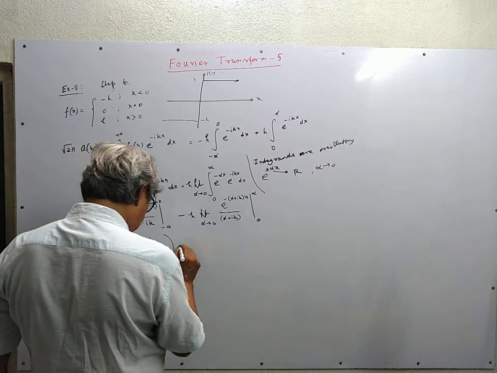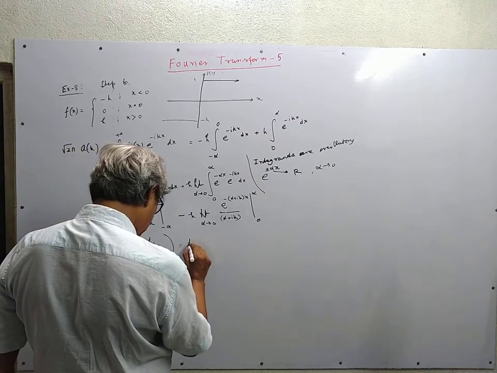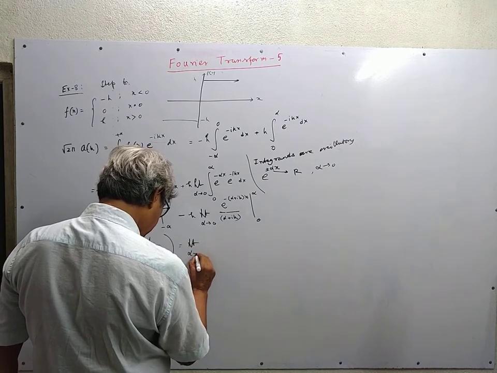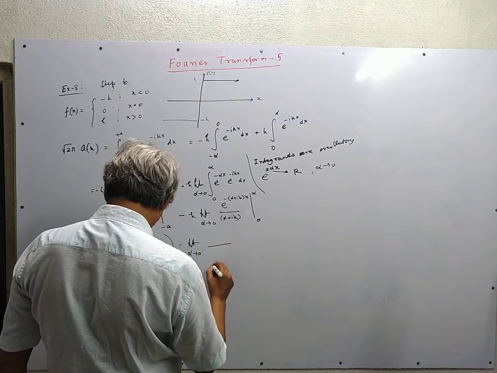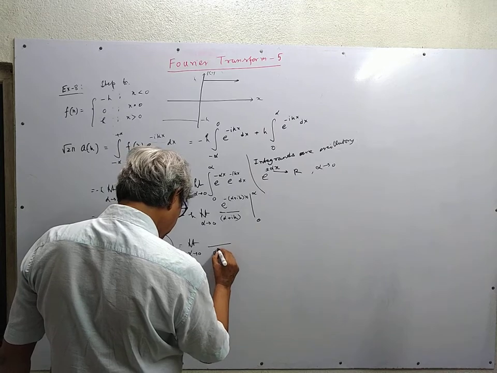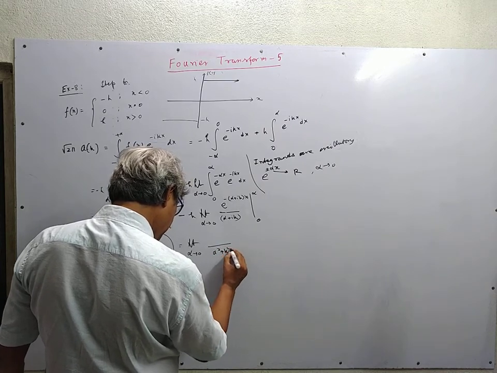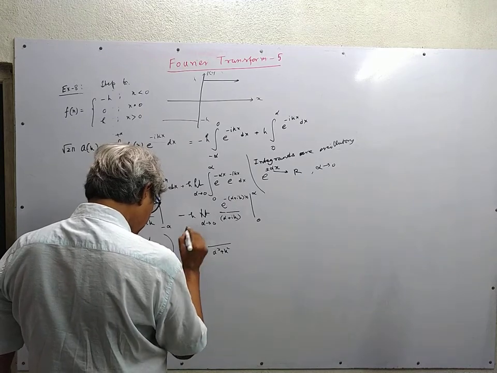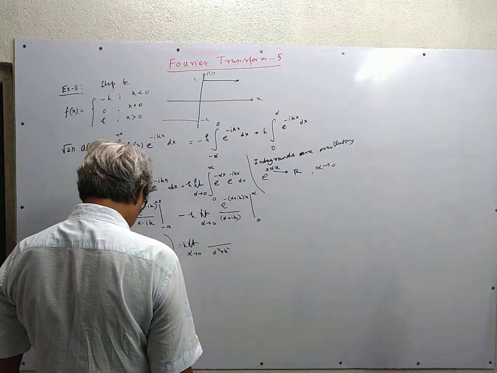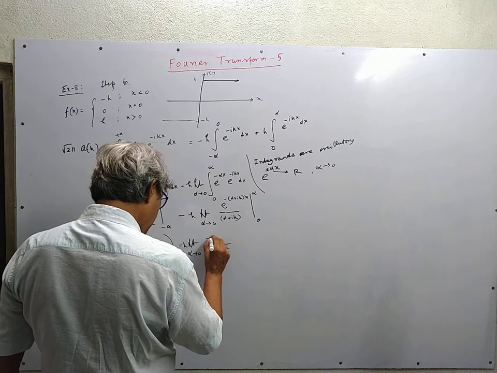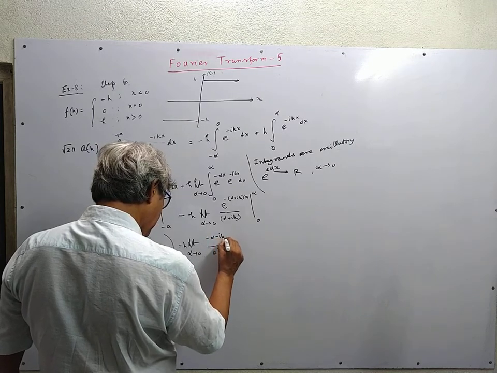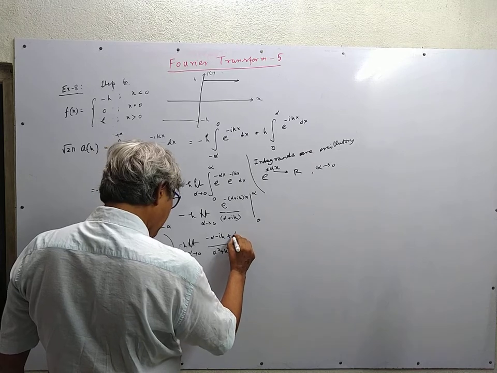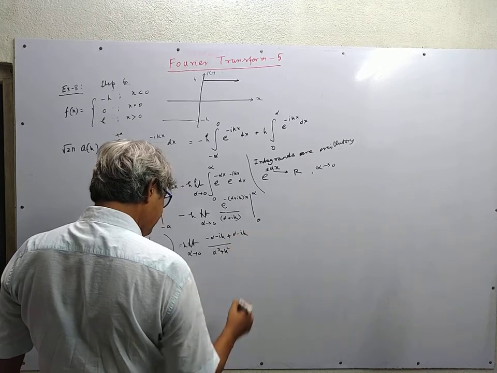So the result is, if we take h out, minus 1 over alpha minus i k plus 1 over alpha plus i k.